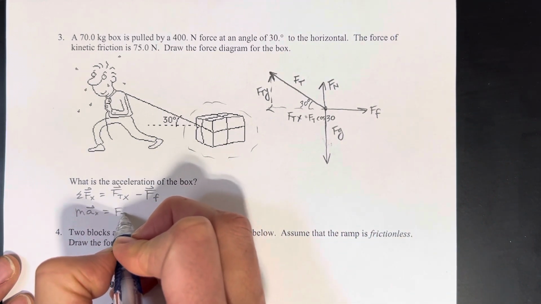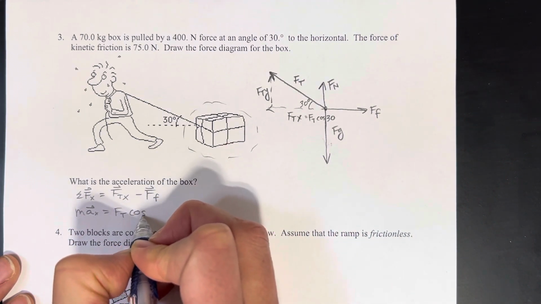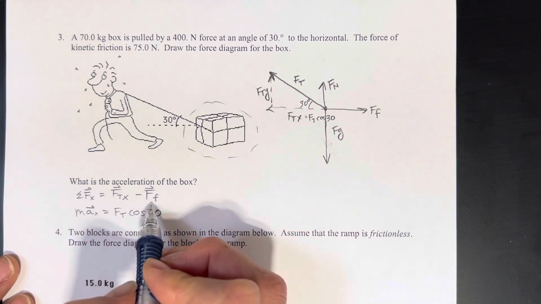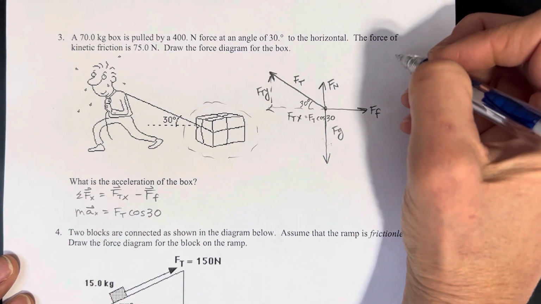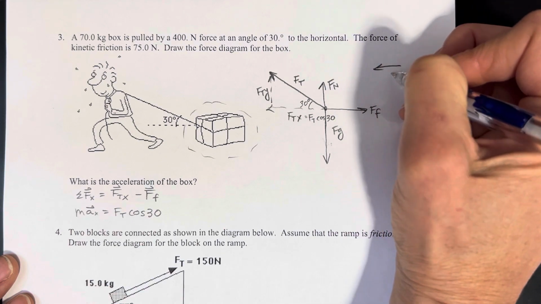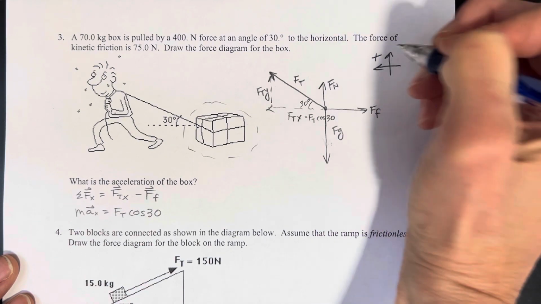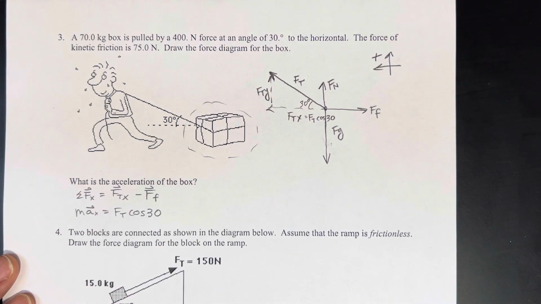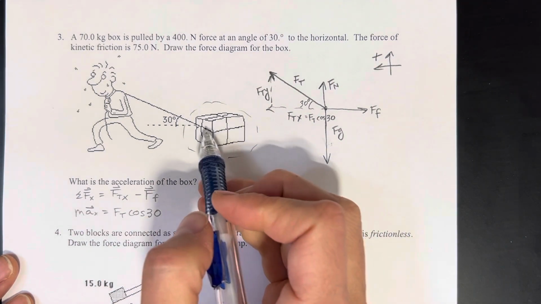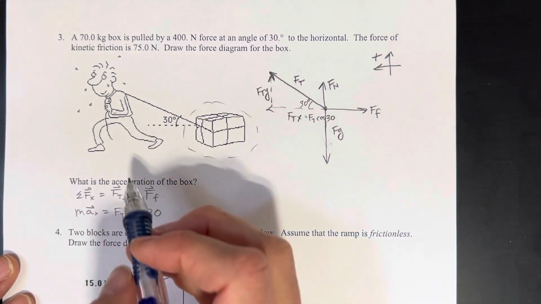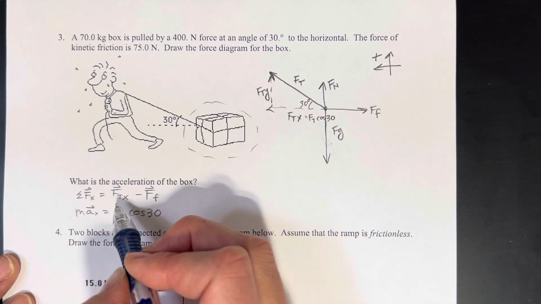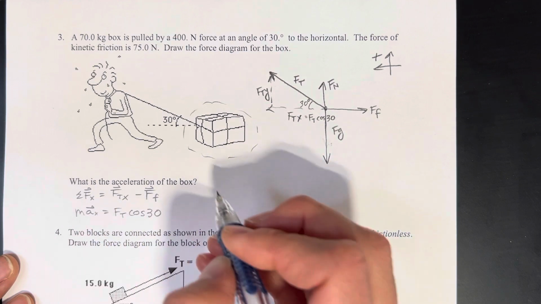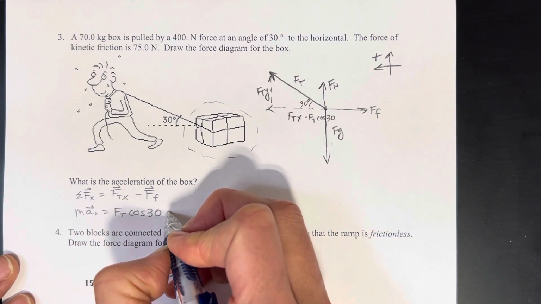So I'm going to substitute in force of tension times the cosine of 30. Now this is a positive value. I forgot to set my positives again. I'm going to choose to the left and up as positive, because that's the direction of the acceleration. So I'm inserting a positive value here for force of tension, and then I have to subtract force of friction, which I already know.